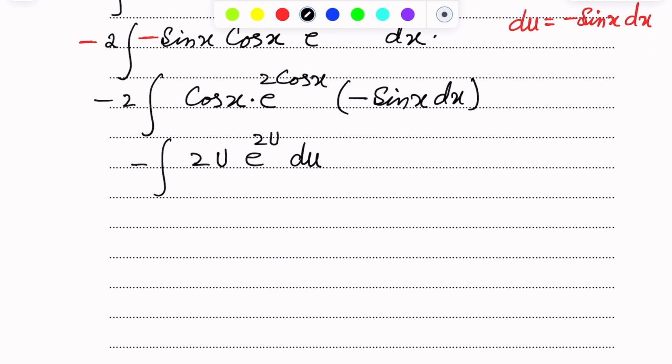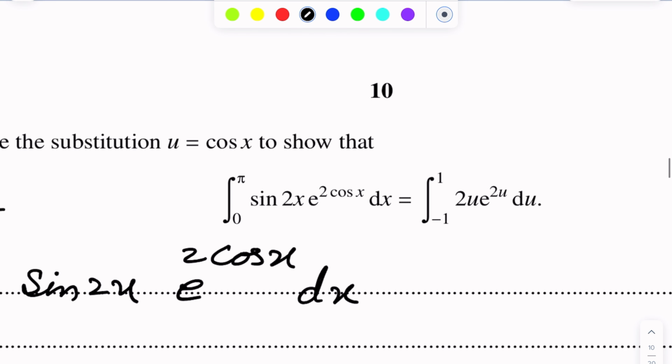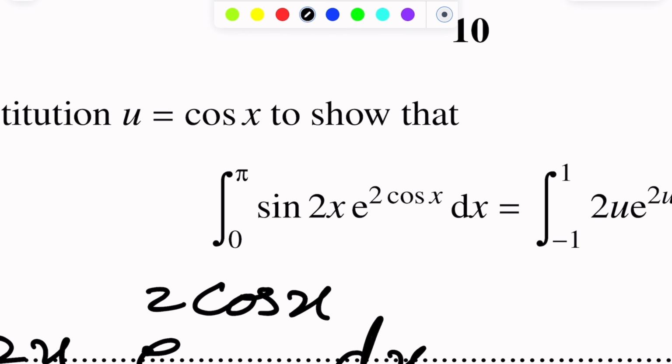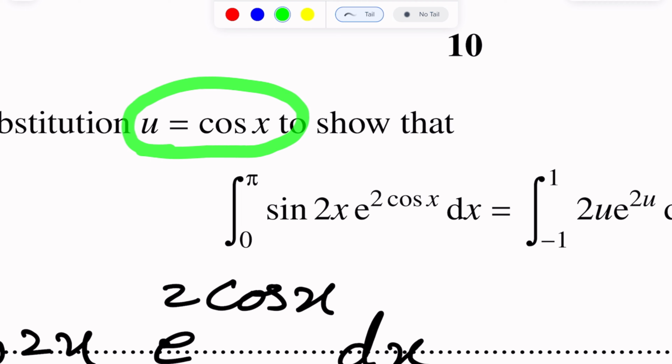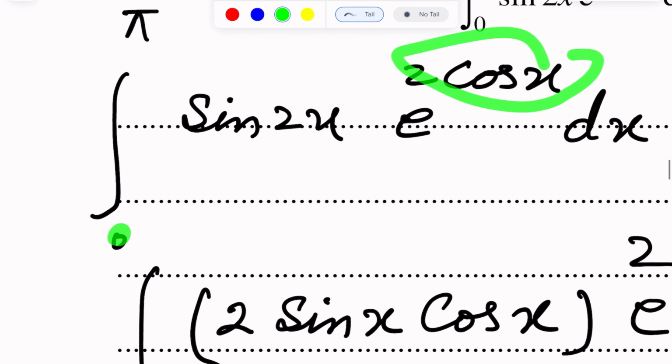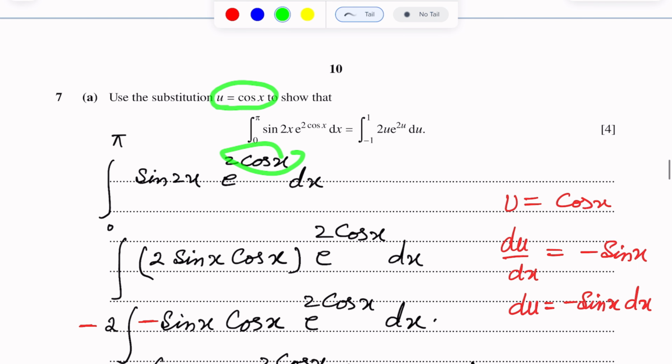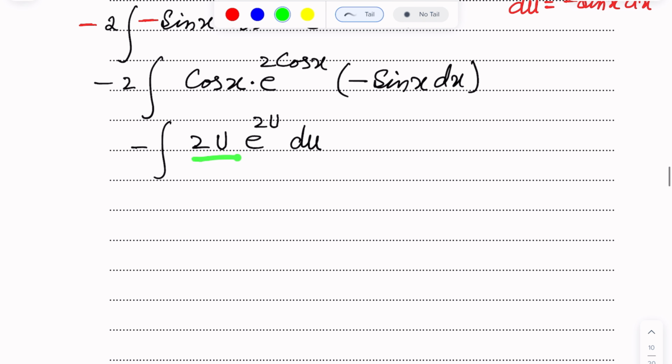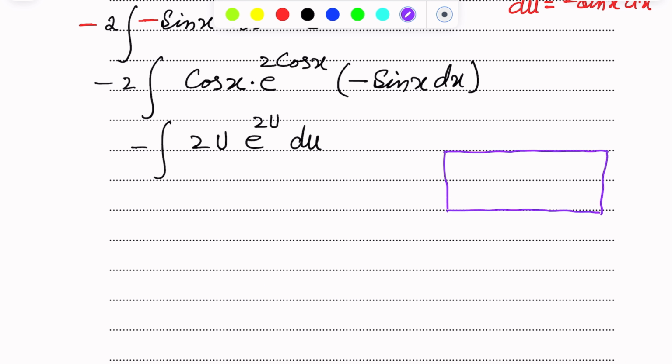Now the limit will also be changed according to the given substitution. When the variable is x, the limit is 0 to pi. Now the variable has been changed, so we will change the limit also. This is a method to change the limit. We make this table.